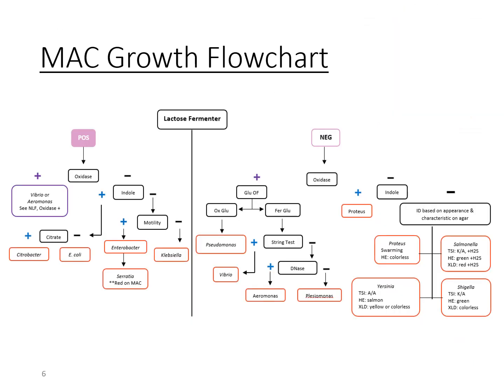So just to recap this flow chart, when we look at growth on MacConkey agar, we're thinking about a gram-negative bacilli, and we're determining if it's a lactose fermenter or a non-lactose fermenter. And so from there, we would do an oxidase test to determine if we're dealing with some of our Enterobacteriaceae or non-Enterobacteriaceae.